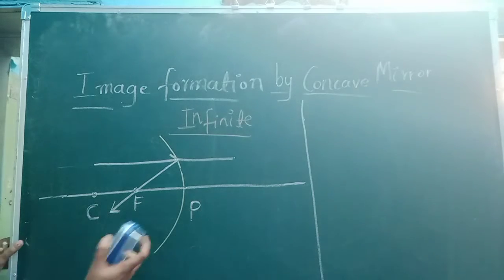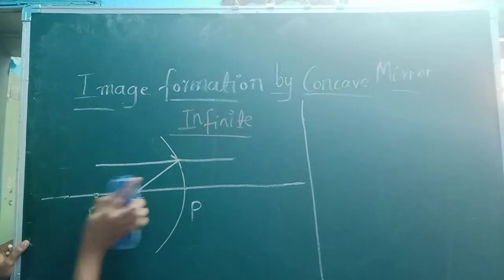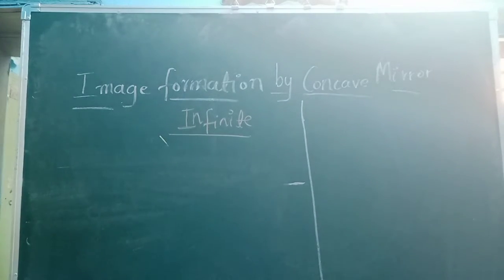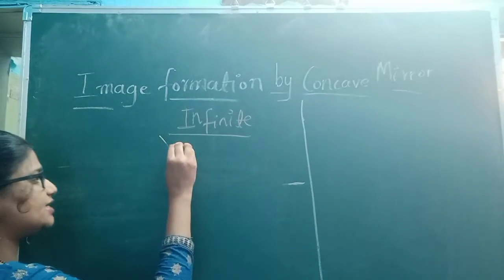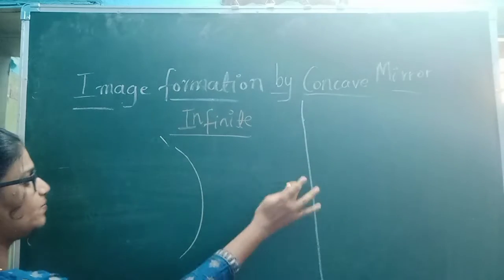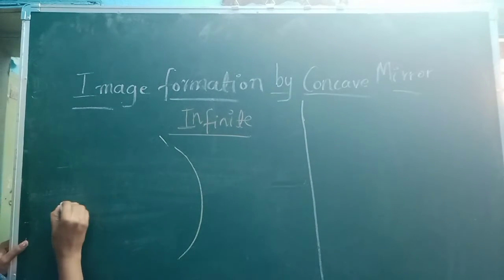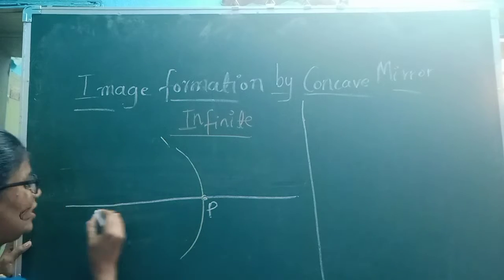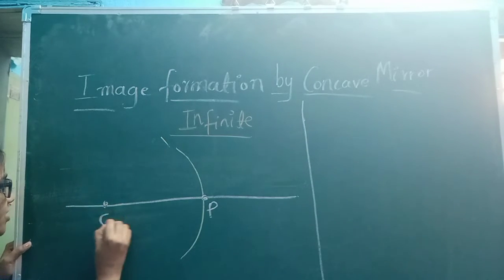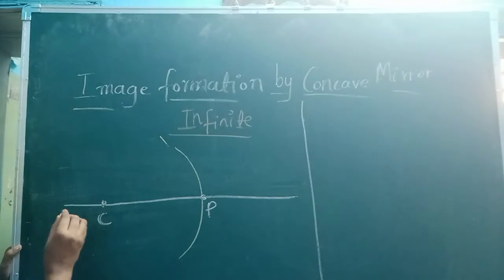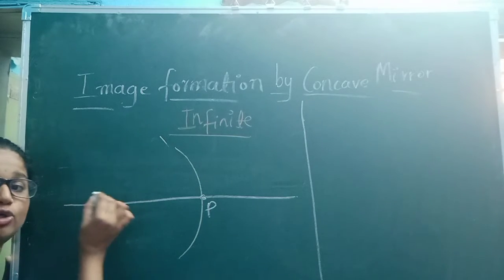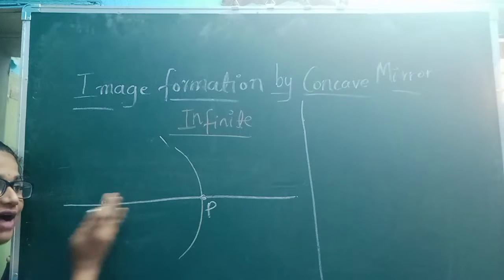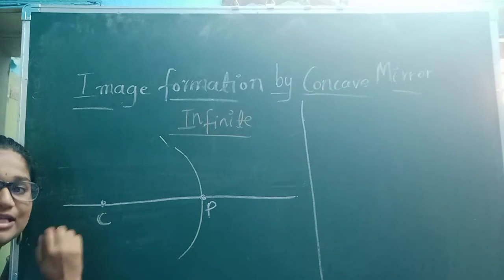So let us take another case. Let us consider a concave mirror, and let us label the pole P and the center of curvature C. Now let us take an object near the center of curvature, that is, at a distance greater than the radius of curvature.